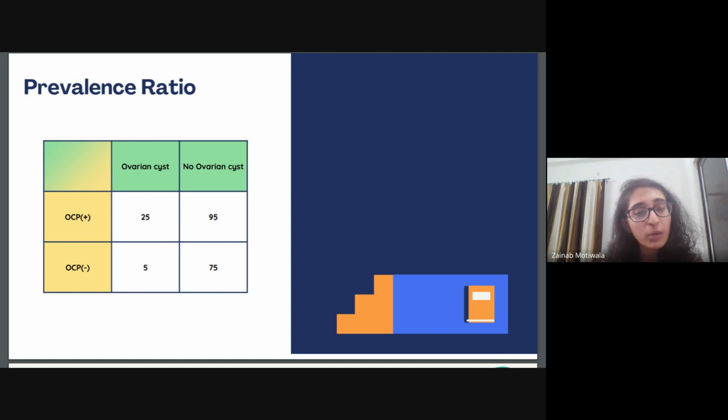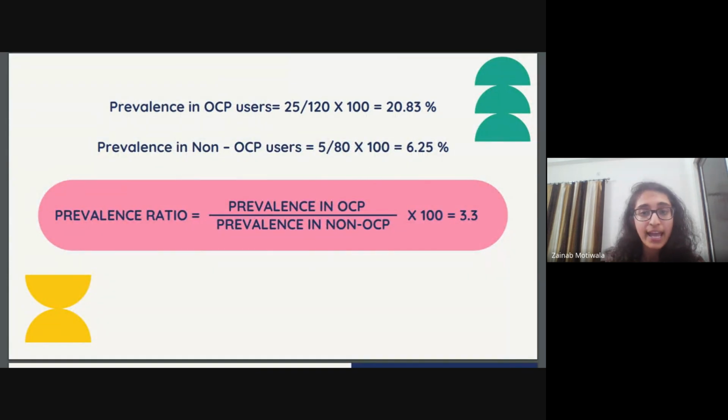So now when we talk about the prevalence ratio of this, it would be the prevalence of ovarian cyst formation in OCP users versus ovarian cyst formation in non-OCP users. And that would be a ratio, the ratio of what you guys have put in the chat box. This is just another slide that depicts that.